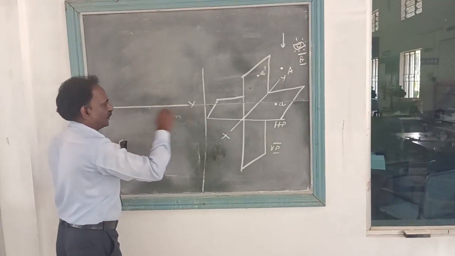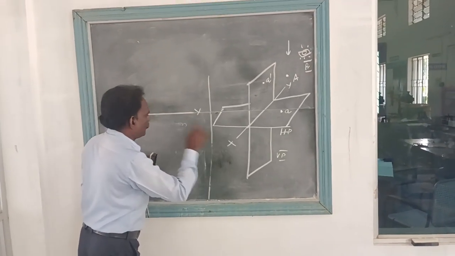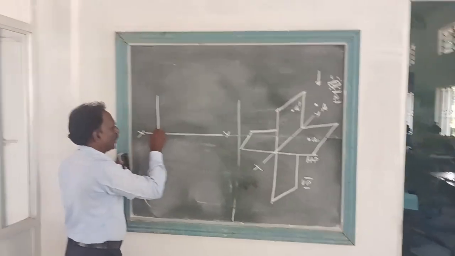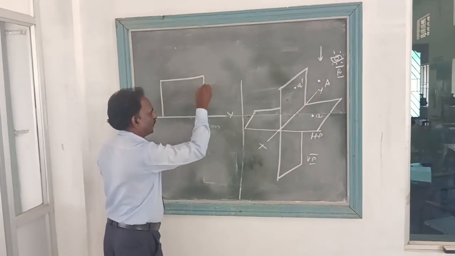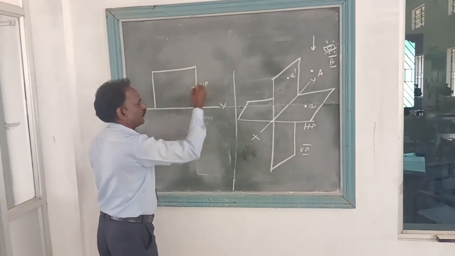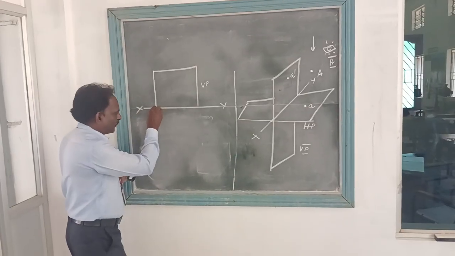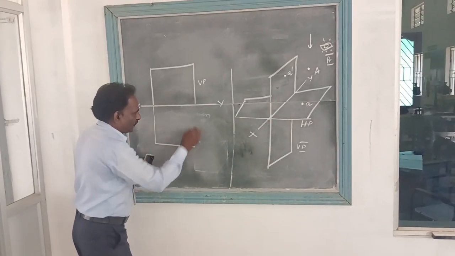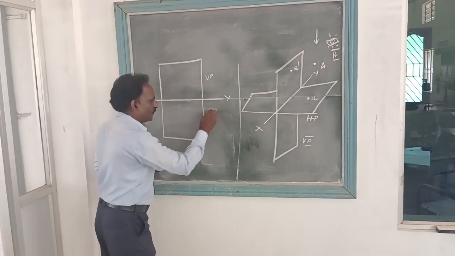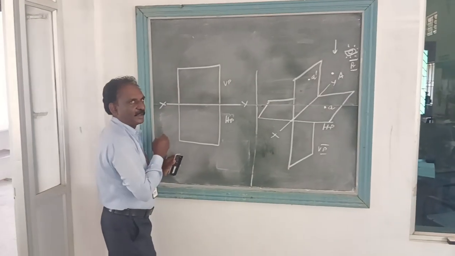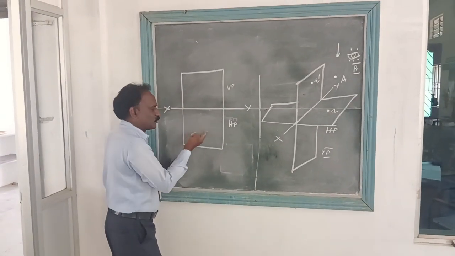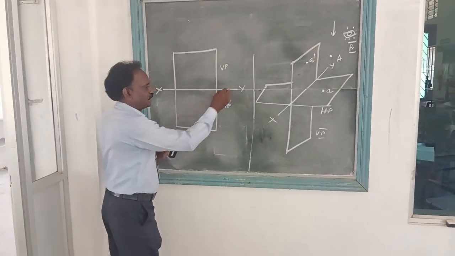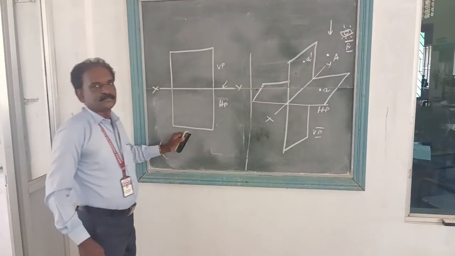XY is the reference line in 3D. Above it will be the VP area, the vertical plane, and below XY is called the HP area. The line which connects the HP area and VP area is called the reference line XY.